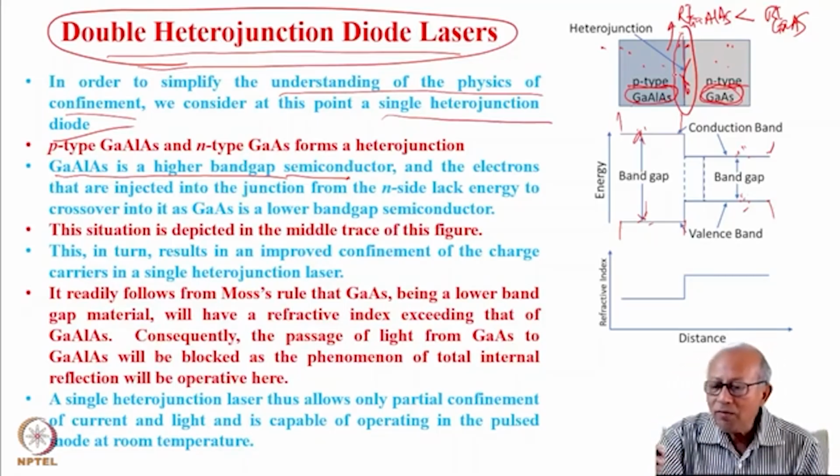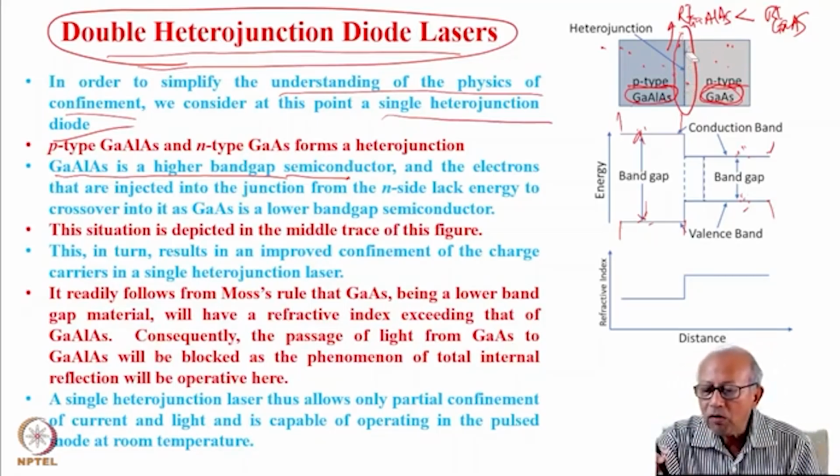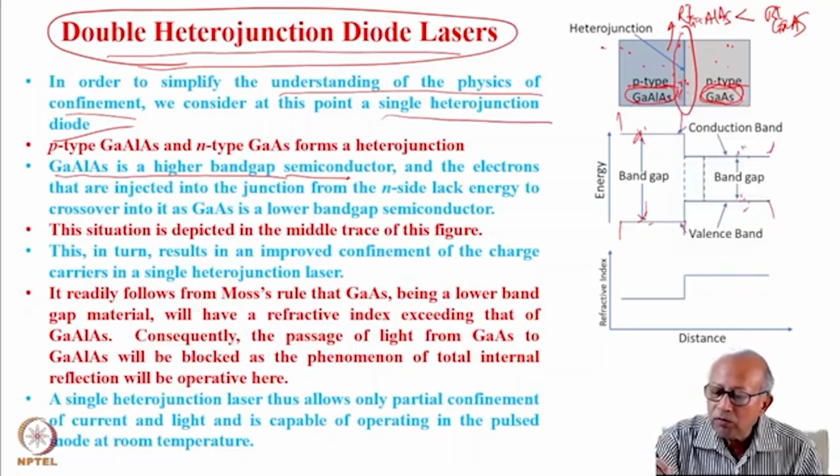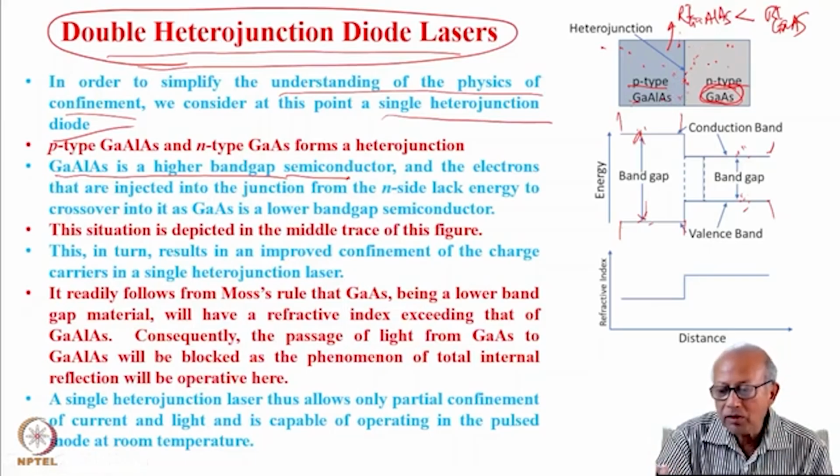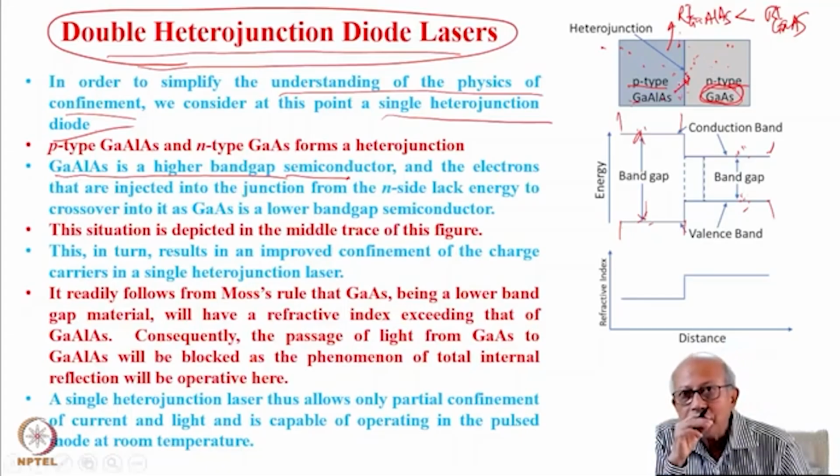However, the same would not be true for the other direction. Light that shines on this junction from this side, because this is of lower refractive index, will not undergo total internal reflection. So the light will actually be refracted into the other side. Similarly, this side is high band gap and this side is low band gap, therefore holes can actually cross over to this side.